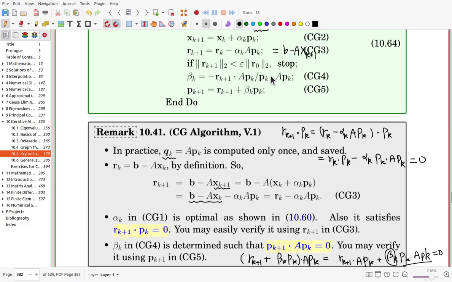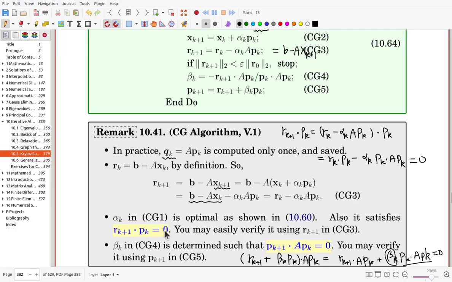So the algorithm is designed to satisfy this equation and that equation. Earlier, we tried to get the search directions conjugate, for every search direction. But during the iteration, we cannot make that. Now only p_k and p_{k+1}, just the consecutive search directions, are conjugate, and we only try to make that.